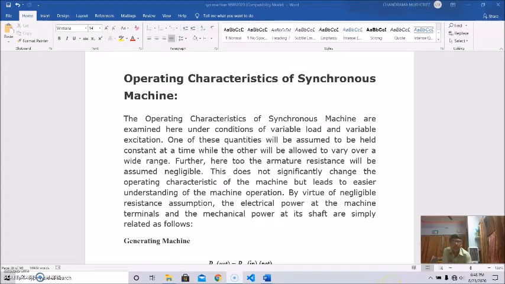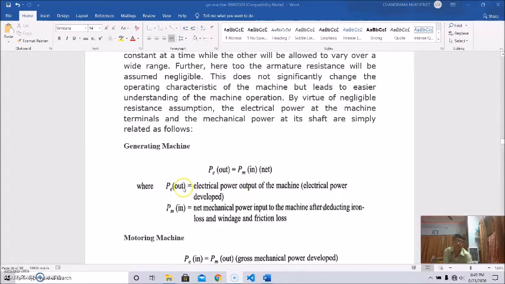And also we assume that the armature resistance of the machines is negligible, very low, and that's why we have neglected it. As a result, this does not significantly change the operating characteristics of the machines, but leads to easier understanding. So by virtue of this negligible resistance assumption, the electrical power at the machine terminals and the mechanical power at its shaft are simply related by these equations.